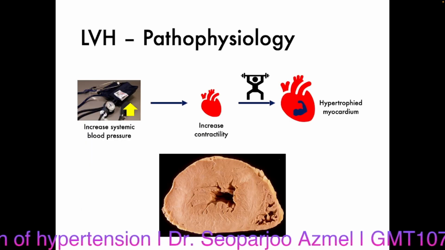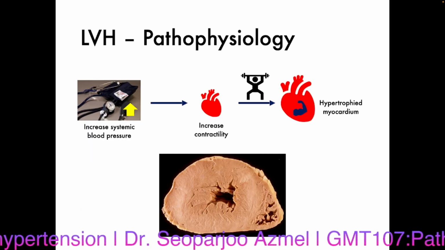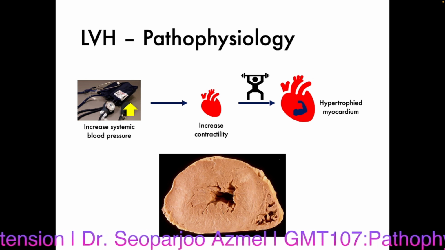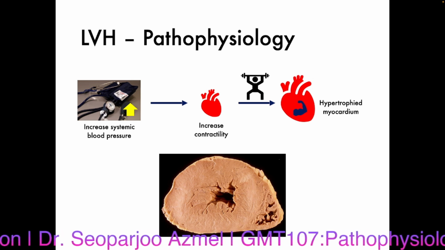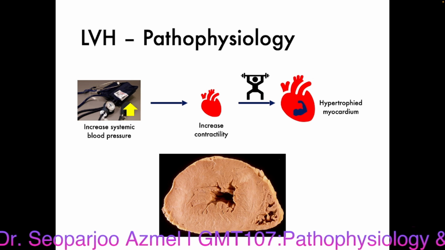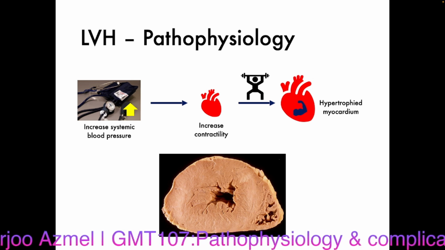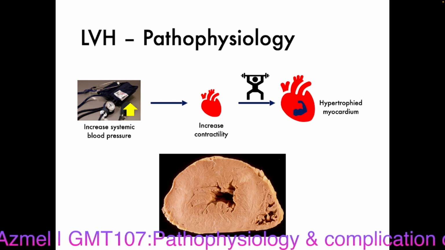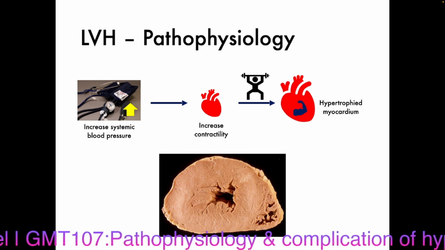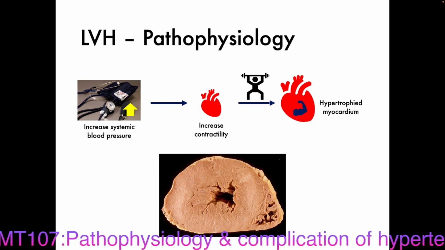And how does left ventricular hypertrophy occur? When you talk about pathophysiology, you need to start with the disease first. In this case, the disease is hypertension. So what is hypertension? It is increased systemic blood pressure.